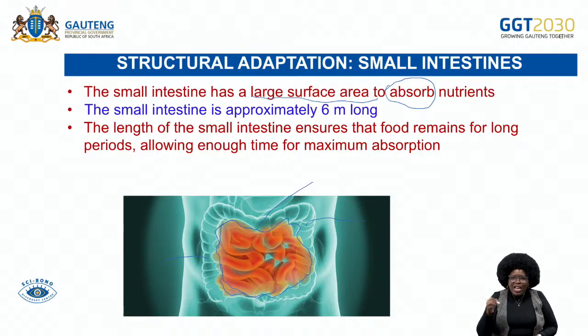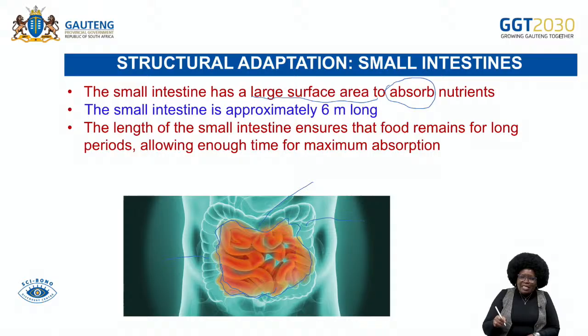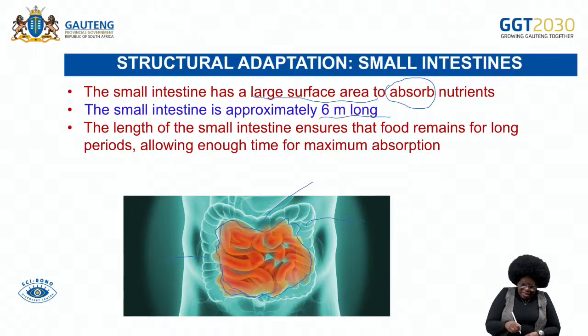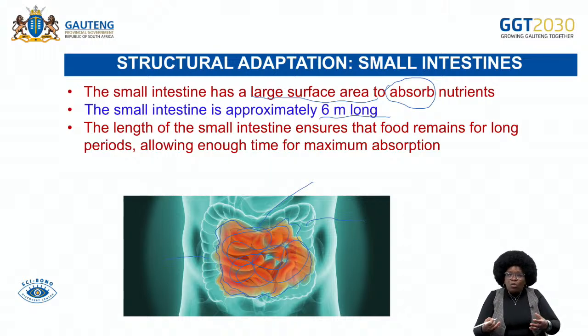And very crucial, the small intestine is approximately 6 meters long. Maybe you need to measure and see how long our small intestines are. But because you can see that they are so intertwined together, they are folded as you look outwardly.